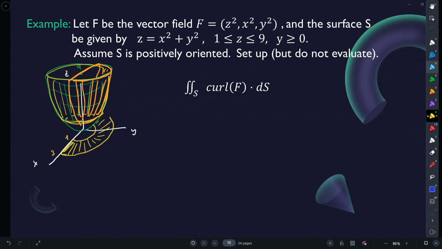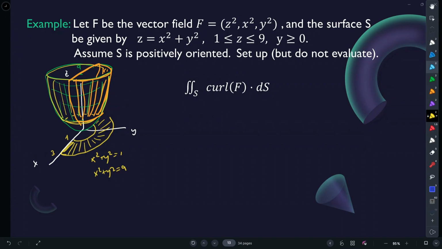It's an annulus, because it has to go from x squared plus y squared equals 1 up to x squared plus y squared equals 9. With y positive, it's something like this. So that's going to be the parameter space once we've passed it to an integral in the domain of the parameters.